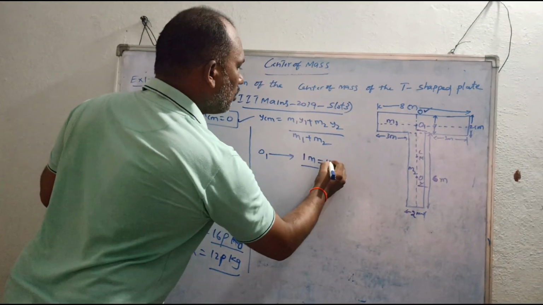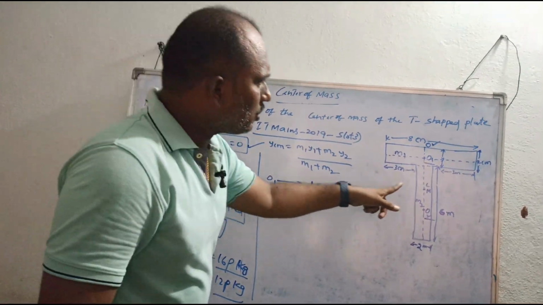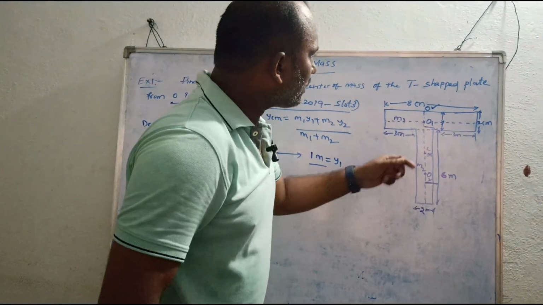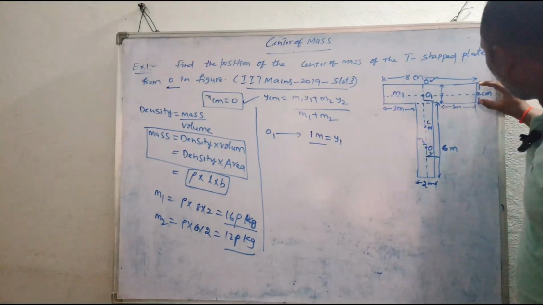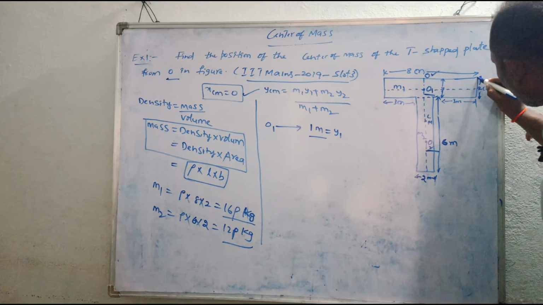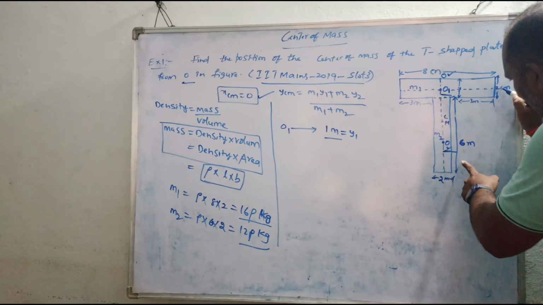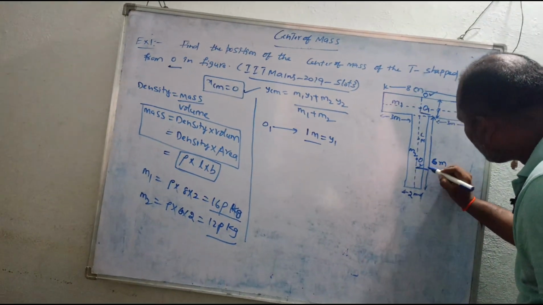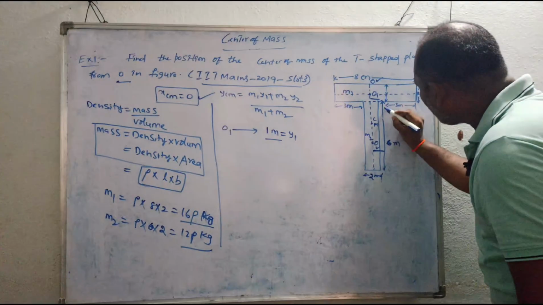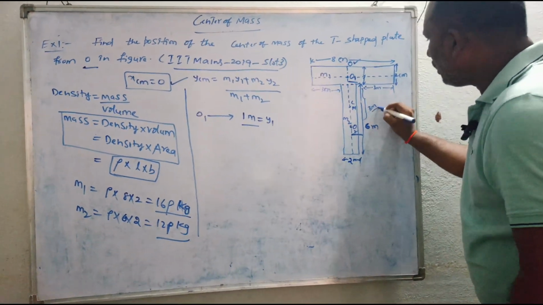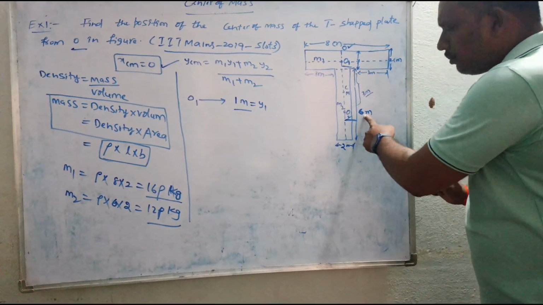This is called Y1. Same way we want to calculate Y2 also. Here this is 2 meters, and we want to calculate the rest from here only. Here the midpoint of 6 meters is 3 meters. Agree, people? The total height is 6 meters.